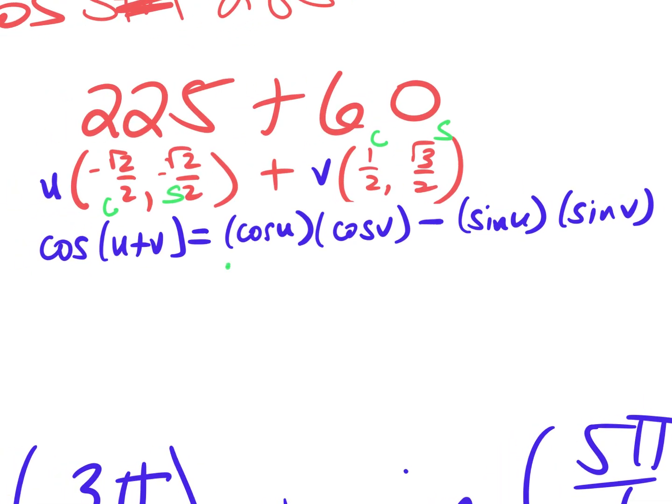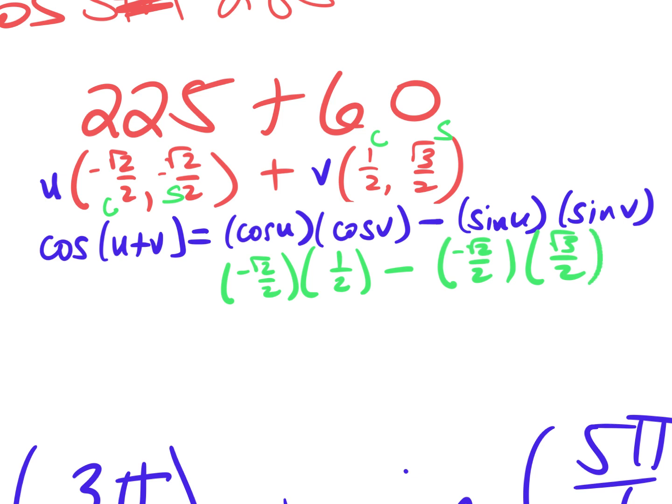So now we just plug in. What is the cosine of u? Negative square root of 2 over 2 times the cosine of v, 1/2, minus the sine of u, negative root 2 over 2, and the sine of v, square root of 3 over 2. And now we simplify.